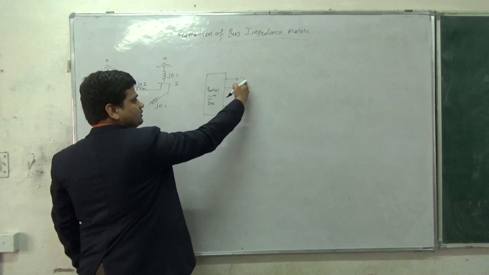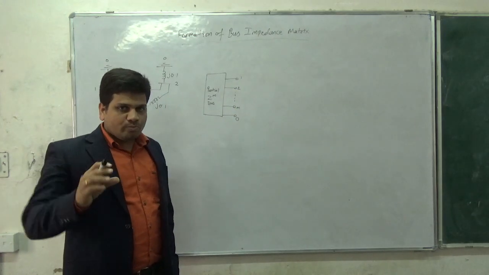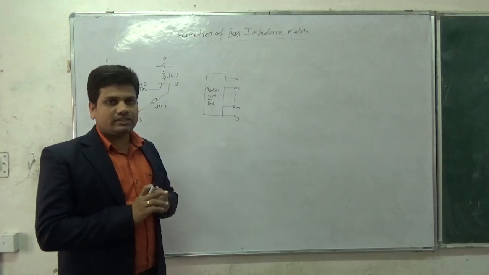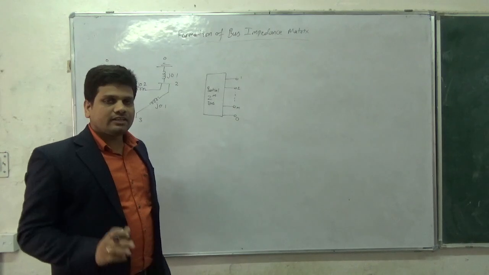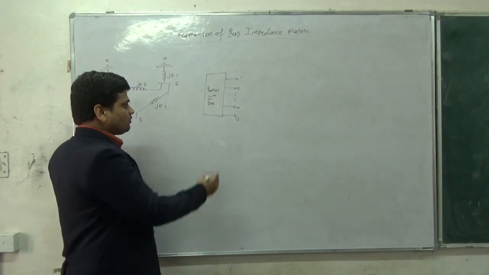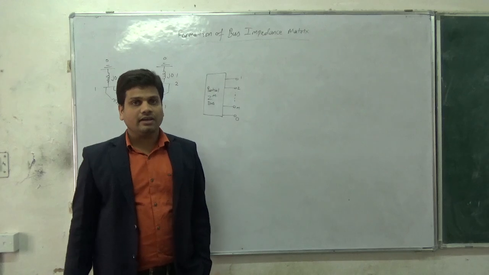This is reference, this is bus number 1 to m. Now if any new bus is introduced in this system or any new line is introduced in this system, there are 2 possibilities. It may be a branch, it may be a link.